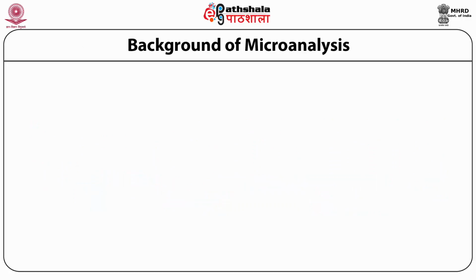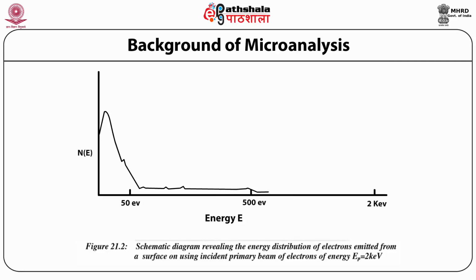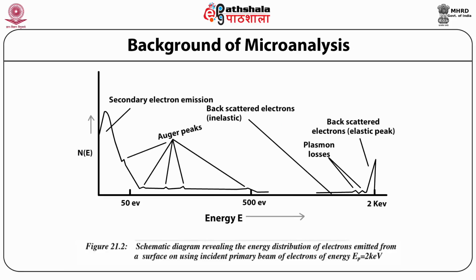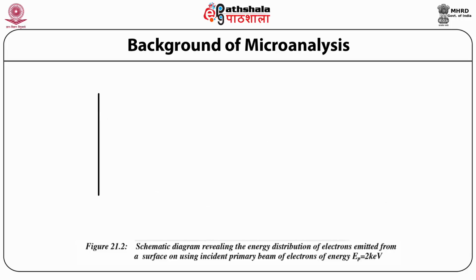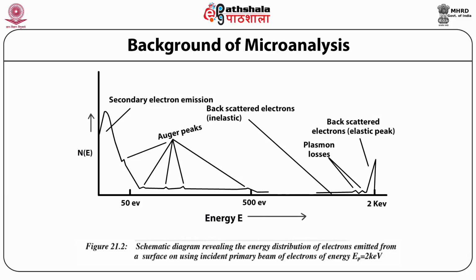Now, what is the background of microanalysis? Figure 21.2 is a schematic diagram revealing the energy distribution of electrons emitted from a surface on using incident primary beam of electrons of energy EP equal to 2 keV.